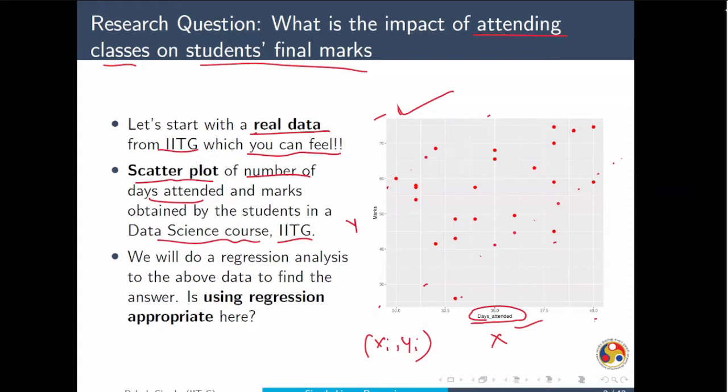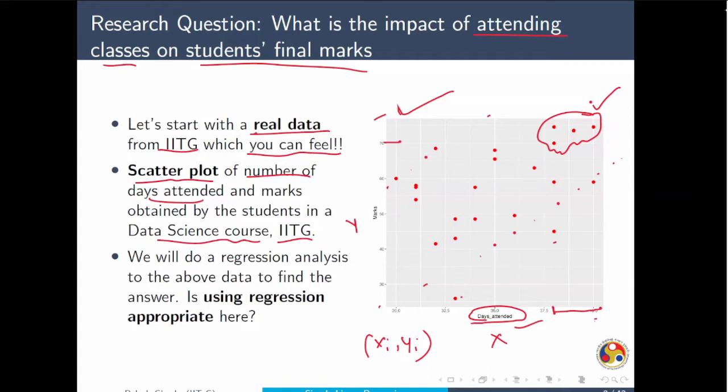For example, there is a cluster here. These students obtained the highest marks, and they attended more than 38 classes. In this region, one of them attended all the classes. So whoever obtained more than 70 marks attended most of the classes.